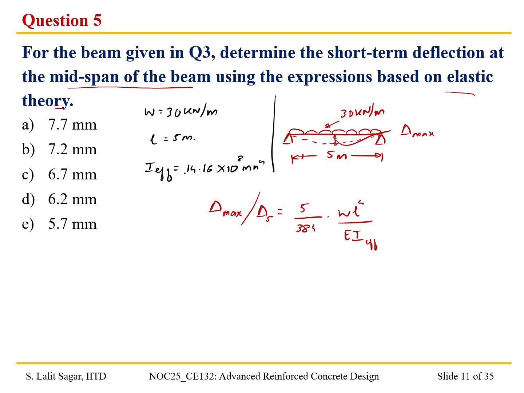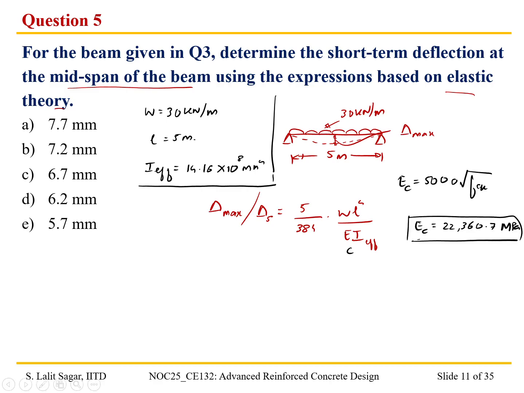And what is the value of Ec, that is the elastic modulus of concrete? Ec is 5000 root fck. That turns out to be 22,360.7 MPa.